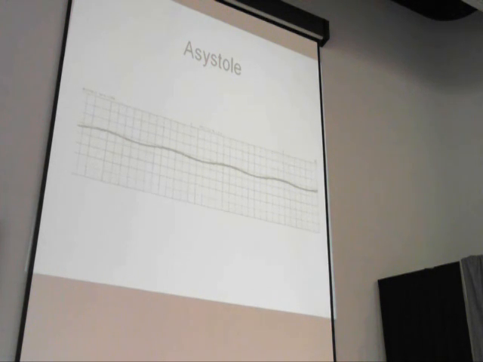TEA: T stands for transcutaneous pacing, E stands for epinephrine, and A stands for atropine. So check me in another lead, then you'll have a cup of tea. Transcutaneous pacing, epinephrine, atropine.